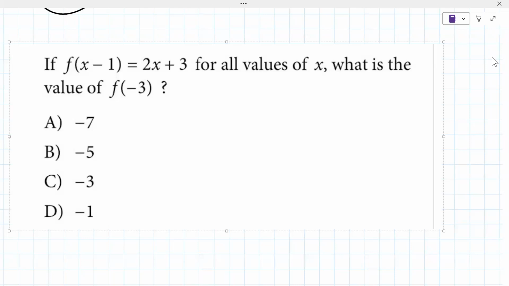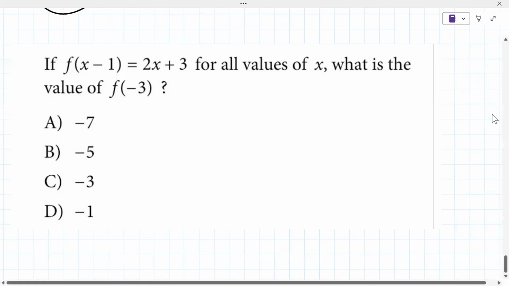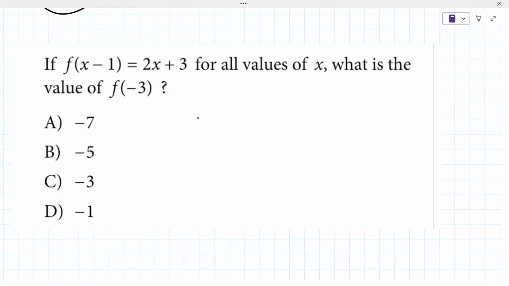C. C, okay. How did you come up with C? Negative 3 times 2 equals negative 6 plus 3. Okay, so that's a classic mistake here. You have to set x minus 1 equal to minus 3. You're trying to figure out what value of x gets you to minus 3.